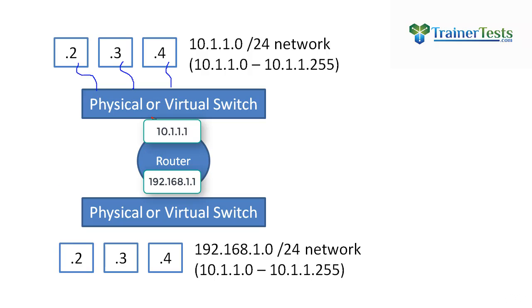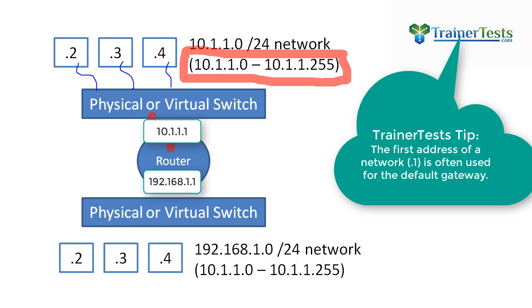What that default gateway means is basically anything that falls outside of this IP address range, that traffic needs to be sent to the default gateway so that it can be routed to that other network.